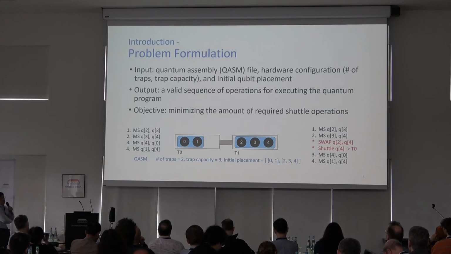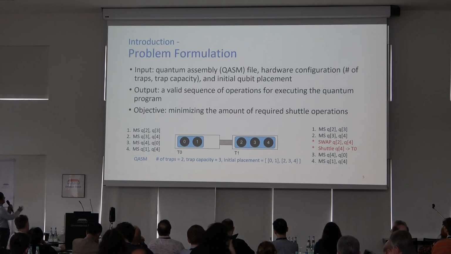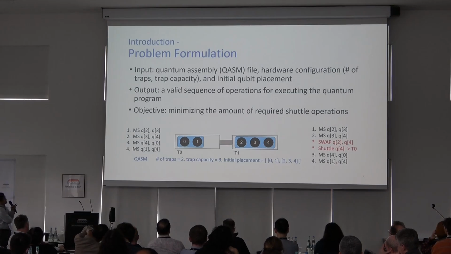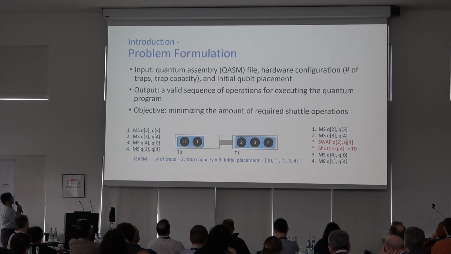At the bottom is a tiny example for this problem. Here we have a quantum program consisting of 4 gates, and 2 connected traps, and each trap has a capacity of 3. On the right is a possible output of the problem. As you can see, it needs 1 swap gate and 1 shuttle operation.